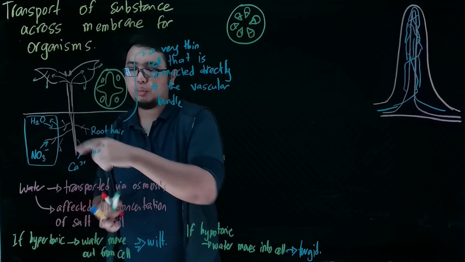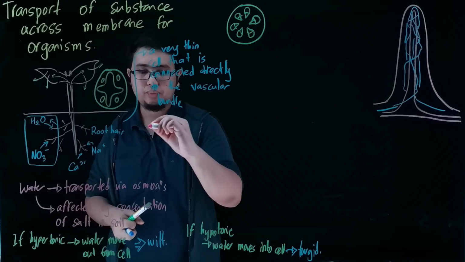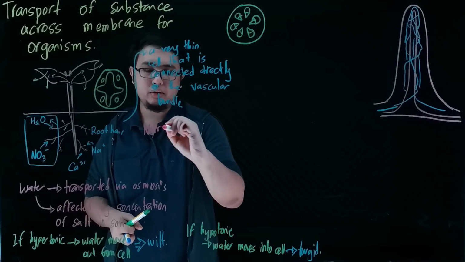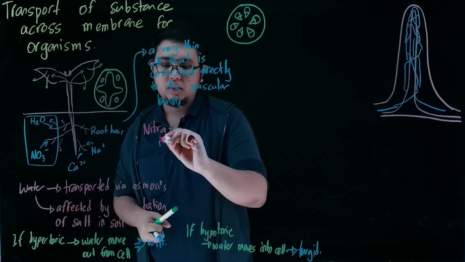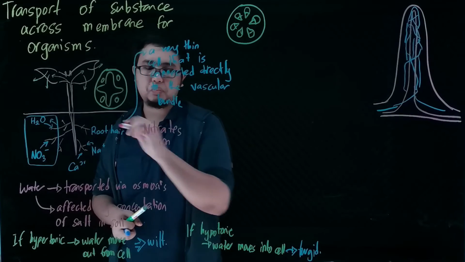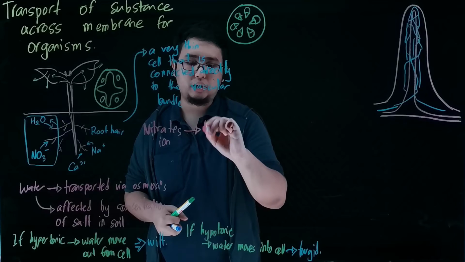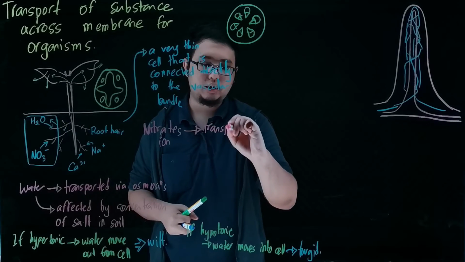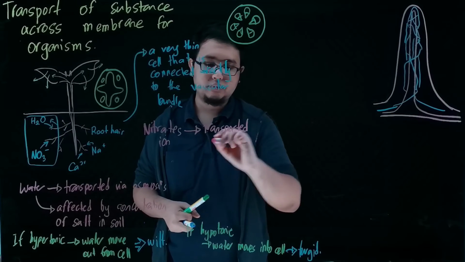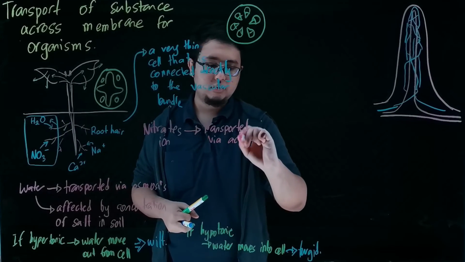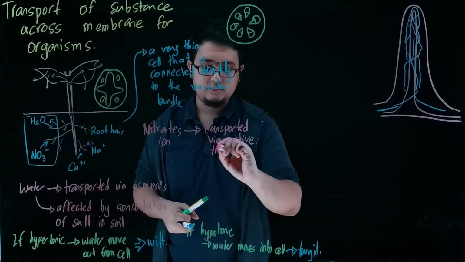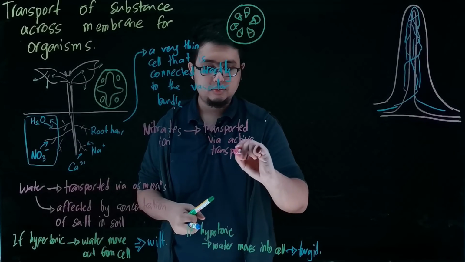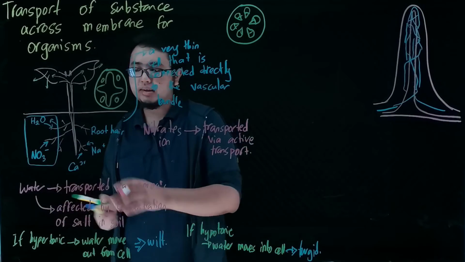Right. Next, we go to our nitrates. For the nitrate ion, this ion is specifically transported via active transport. So what does this mean?